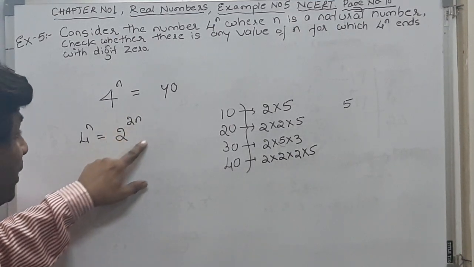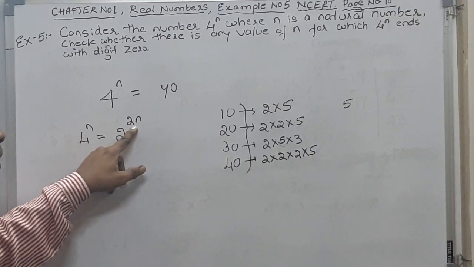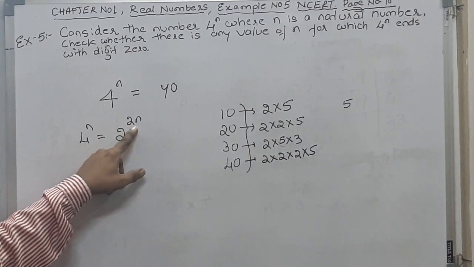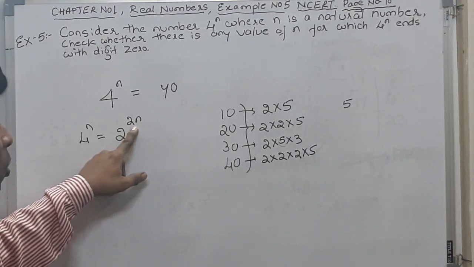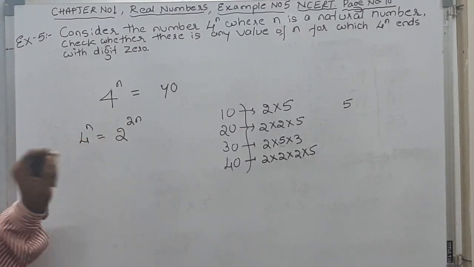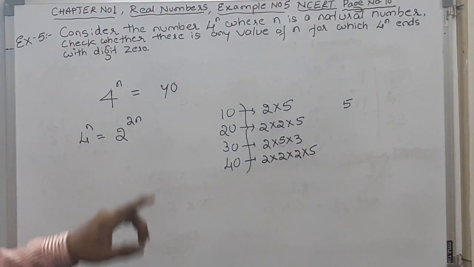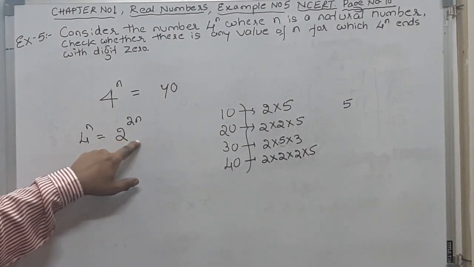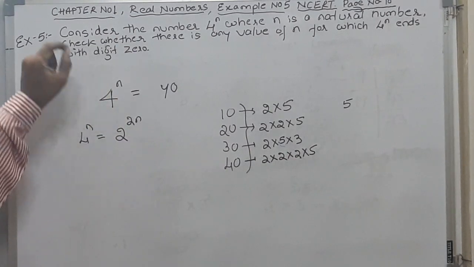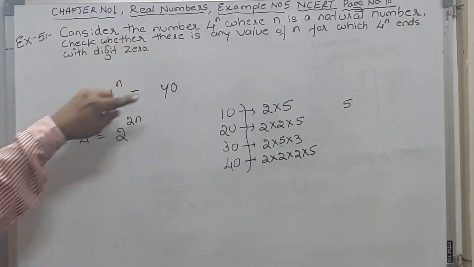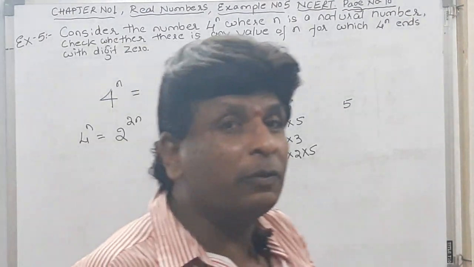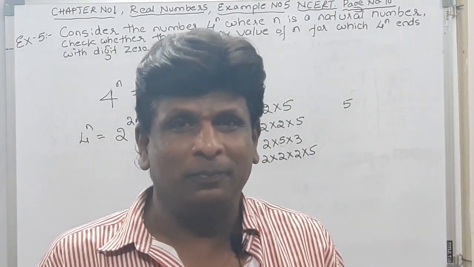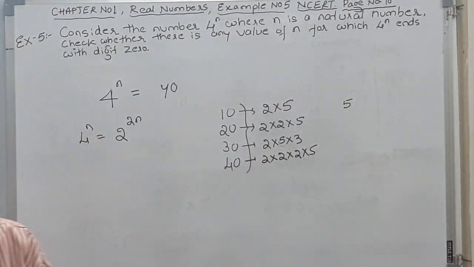But here it is not possible for 5 to come as a factor, because this number is only made of 2. So 5 has no option to come as a prime factor here. So this is not possible. For any value of n, ending with digit 0 is not possible. Do you understand the theory behind it, friends?